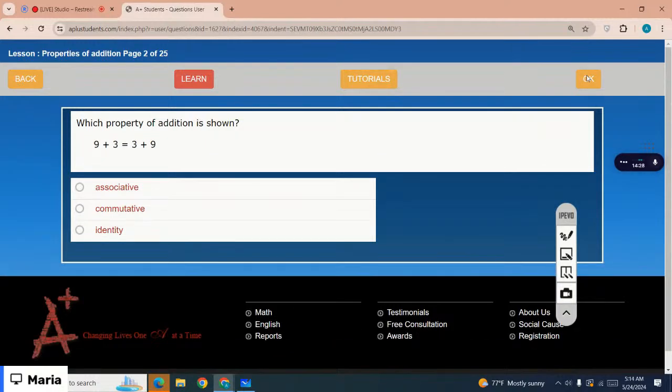Which property of addition is shown? 9 plus 3 equals 3 plus 9. Is that associative, commutative, or identity? Which is the correct option?